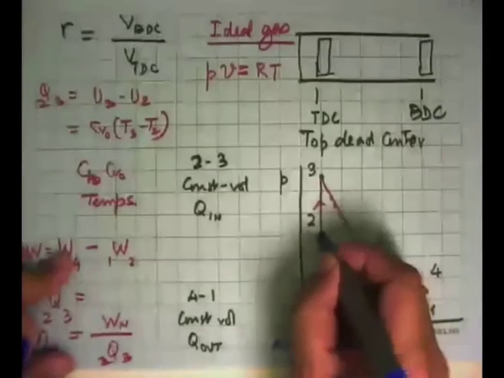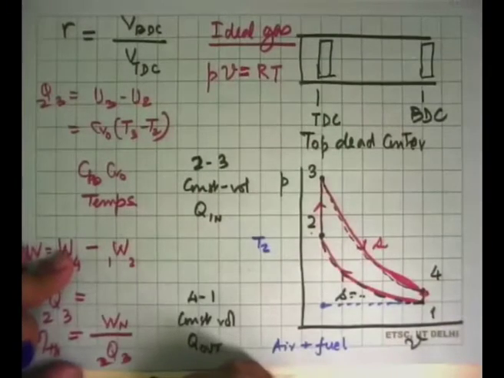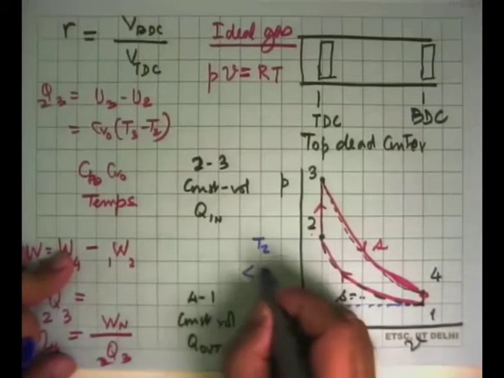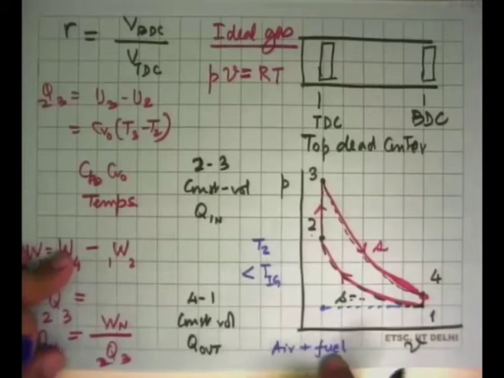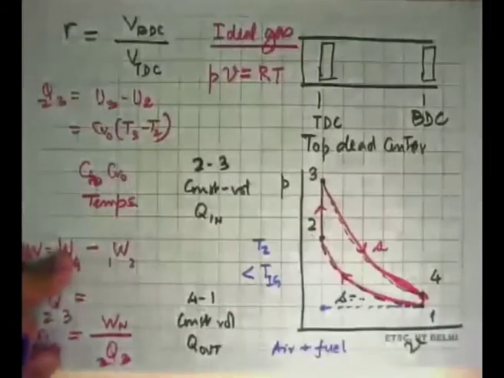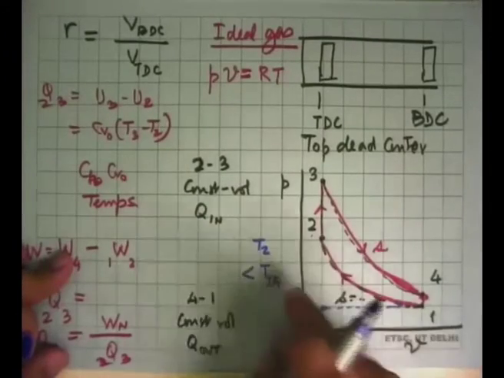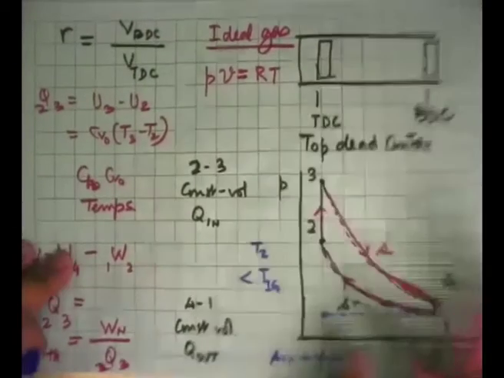And then it is compressed to this point where the temperature is T2. And this T2 is less than the auto ignition temperature of this mixture. Otherwise, it can explode by itself. And for that reason, the compression ratio here is kept in the 7, 8, 9 type of range.